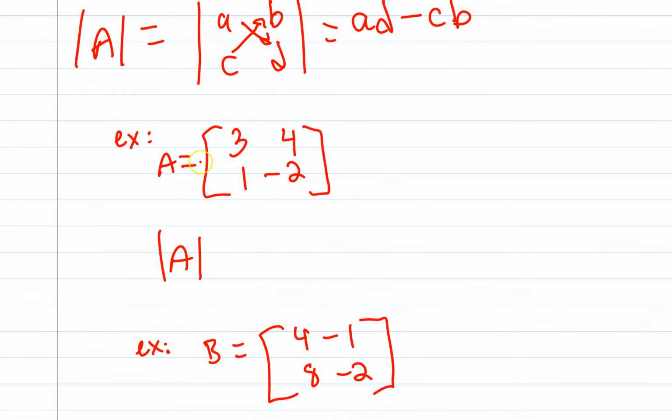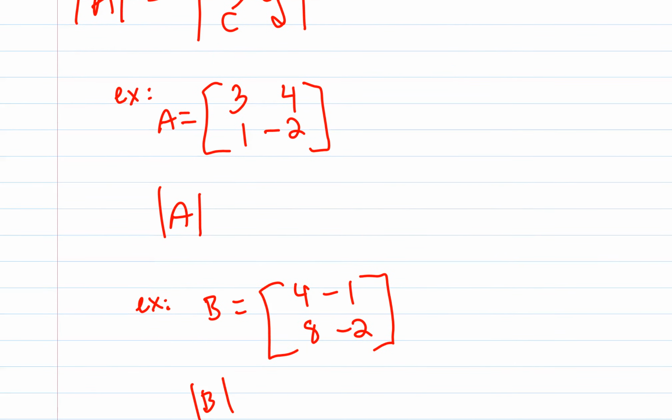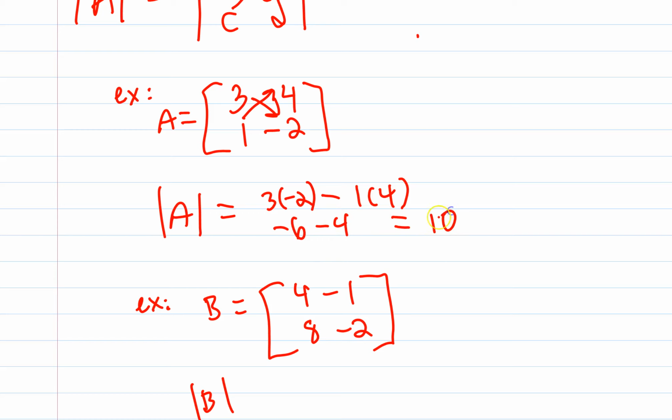So here's A. What would the determinant of A be? Well, down minus up. So down would be 3 times negative 2, minus up, 1 times 4. That would give us negative 6 minus 4. So the determinant of this would be 10.